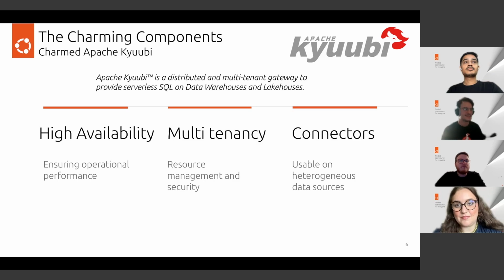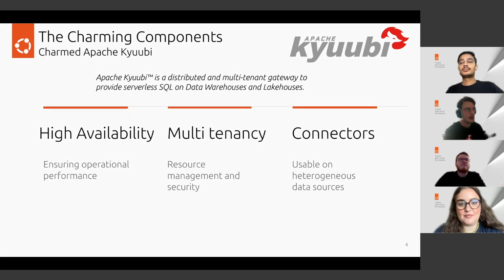Last but not least, another big part of the value proposition of Apache Kyuubi is the addition of new connectors for other data sources than what is often used with Apache Spark. So for instance, Apache Kyuubi makes it easy to interact with Hive, Iceberg, or Delta tables.